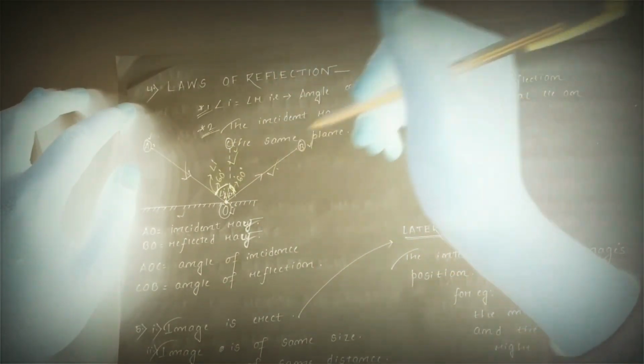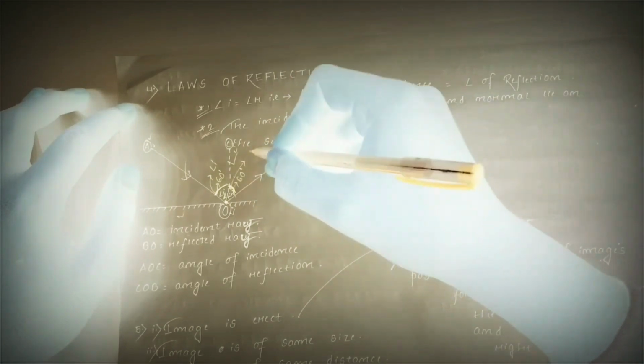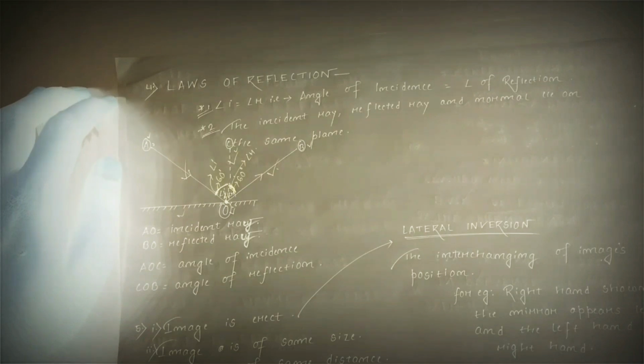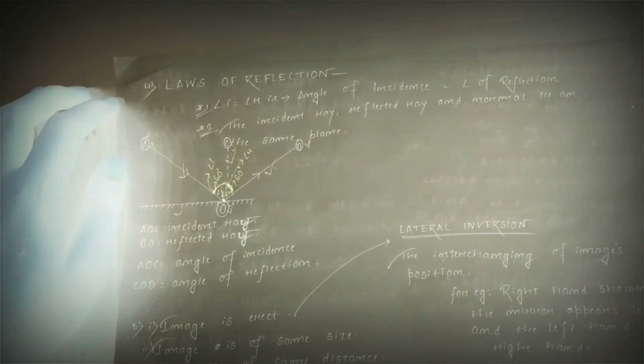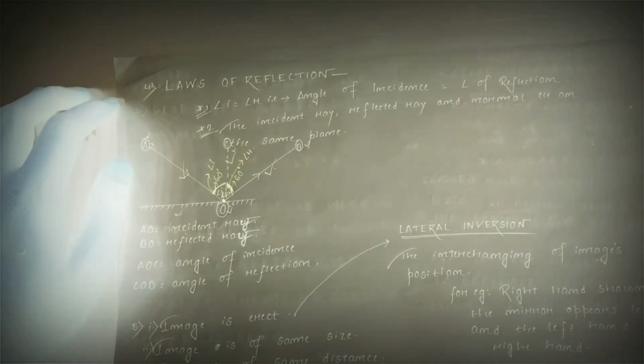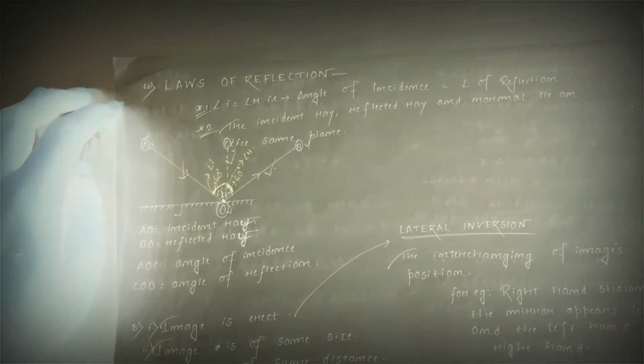And in a similar manner, COB is called the angle of reflection. So angle i and angle r are the two necessary angles of reflection. So AOC is the angle of incidence and COB is the angle of reflection.